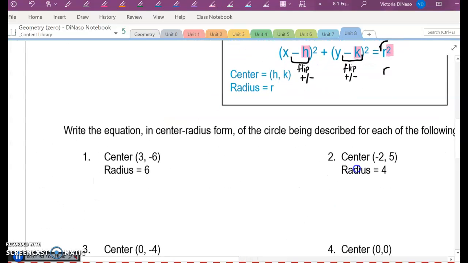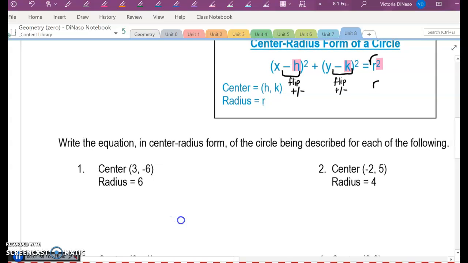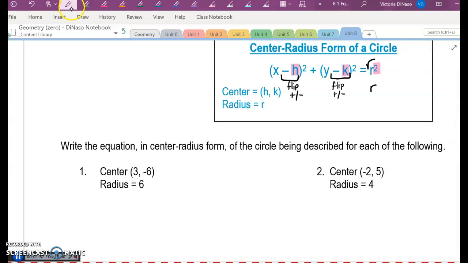So here we go. Number 1. We're putting it into this form. So we're going to write down parentheses. It's going to be x minus something squared plus y minus some number squared, and then we have equals a number that we have to square also. So right now, all we've done is write out the equation of the circle without h, k, and r.